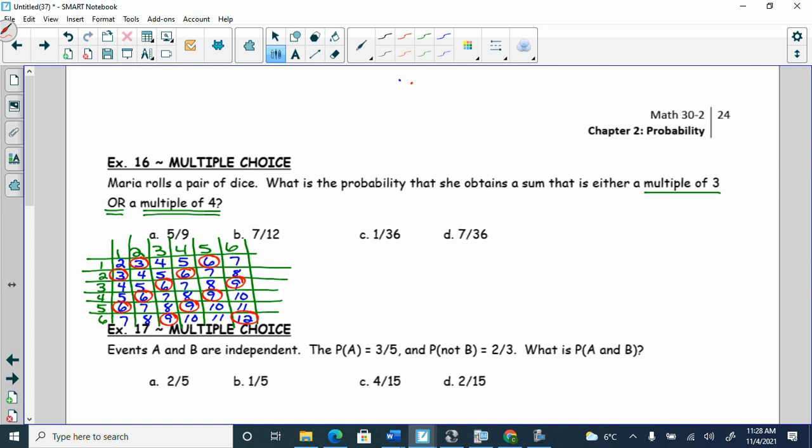Okay, what's the probability of a multiple of 3 sum? How many are there? 1, 2, 3, 4, 5, 6, 7, 8, 9, 10, 11, 12. Out of how many? 36.